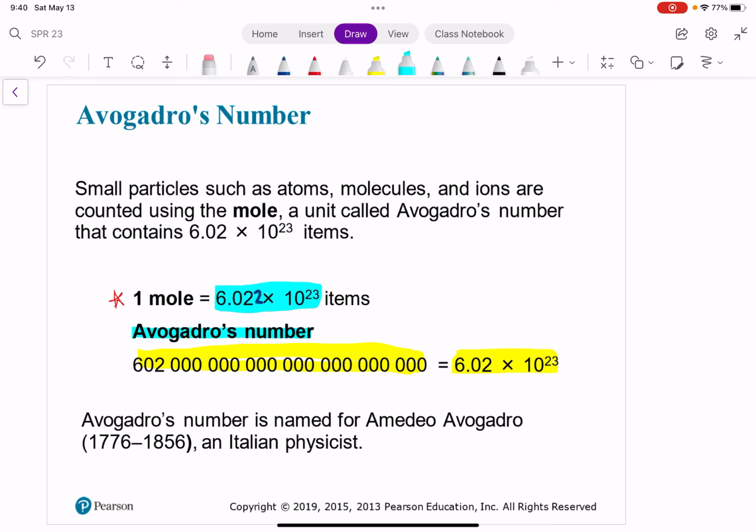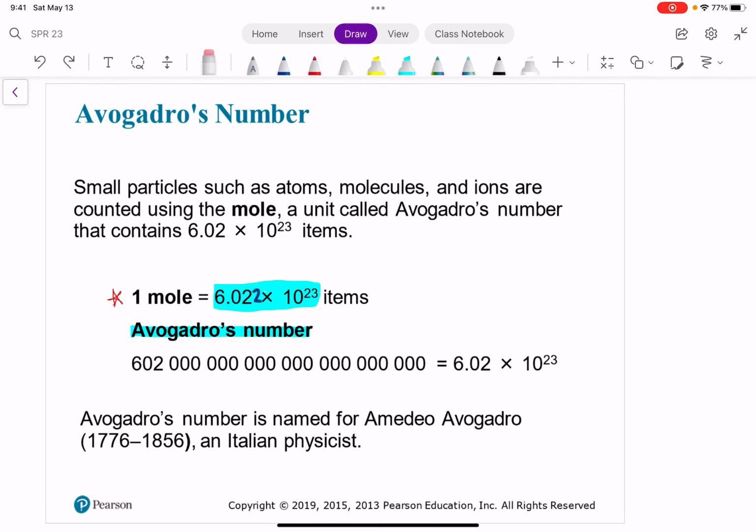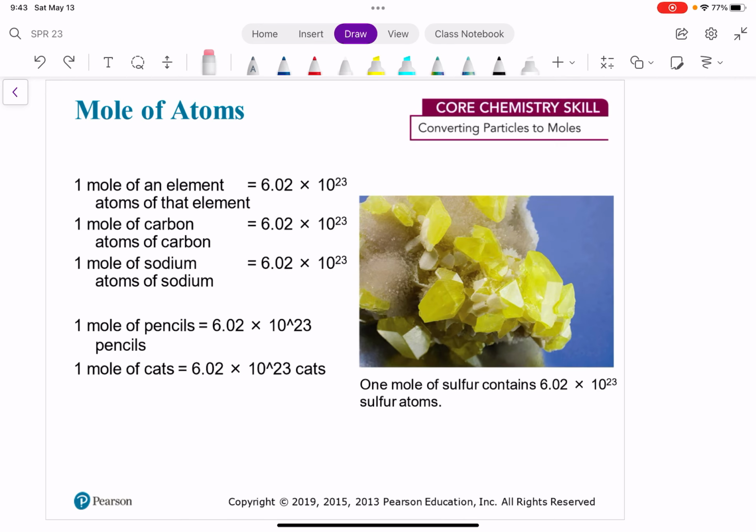So we can use Avogadro's number to count, and the mole, right? We can use this equality to count how many of those particles. So 1 mole of your item is 6.022 times 10 to the 23rd items. So in chemistry, we often use the mole to count the number of atoms.